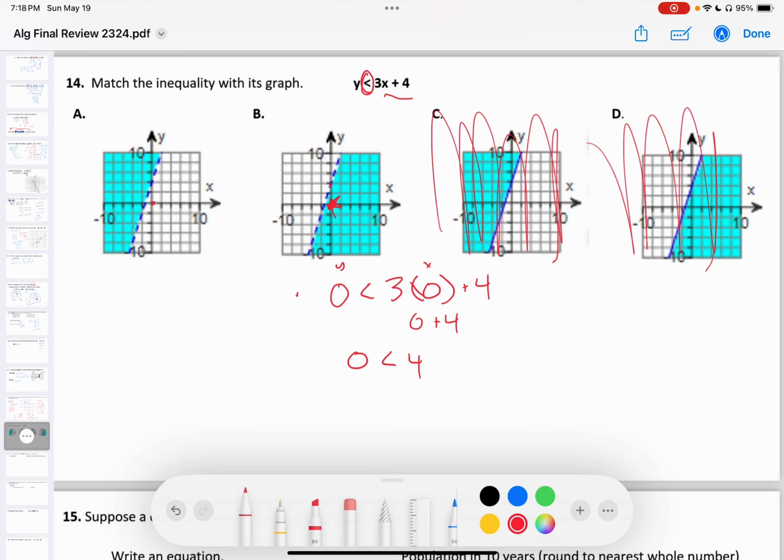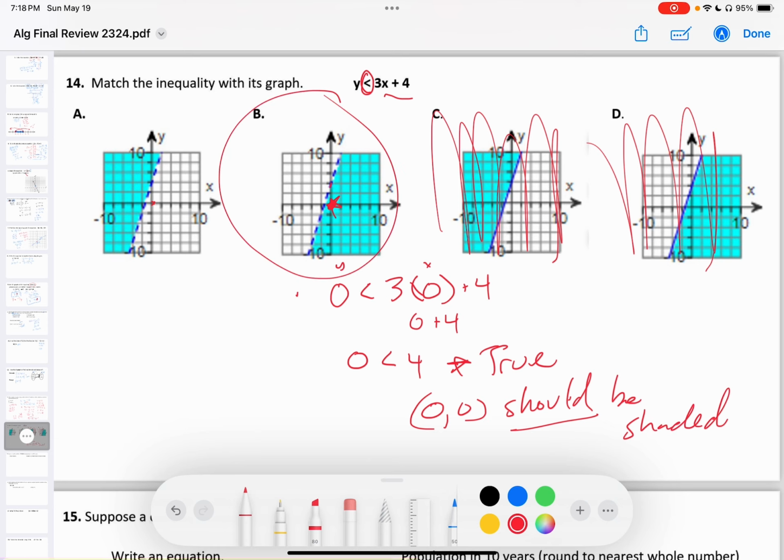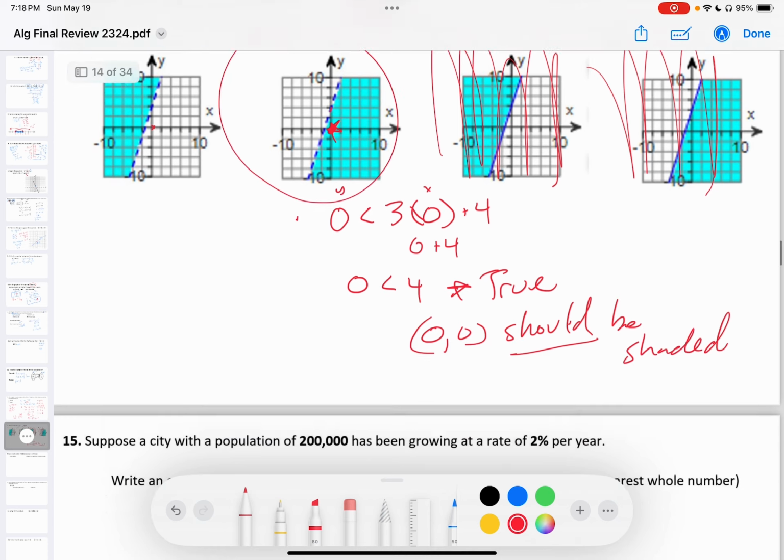And 4 is greater than 0. So that is true. So 0, 0 should be shaded, which means B has to be my answer.